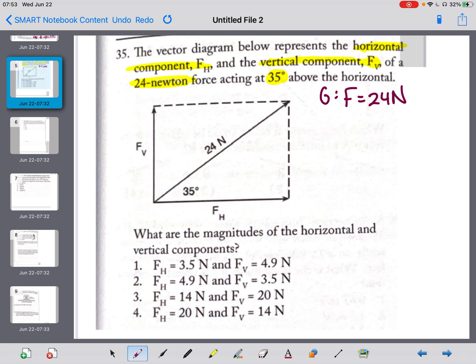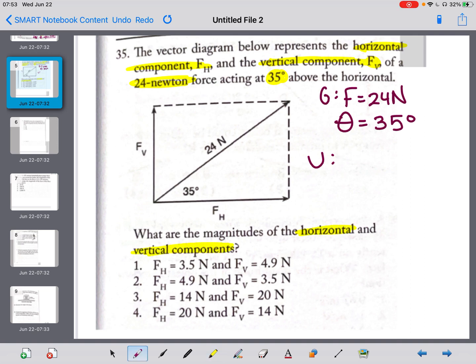That means that we have an angle. How we represent angles, we use that simple theta, 35 degrees. My unknowns: they want to know the magnitudes of the components from that 24 Newton force.